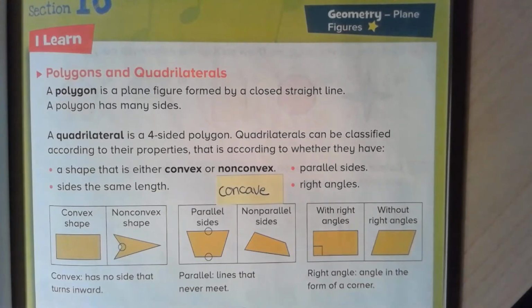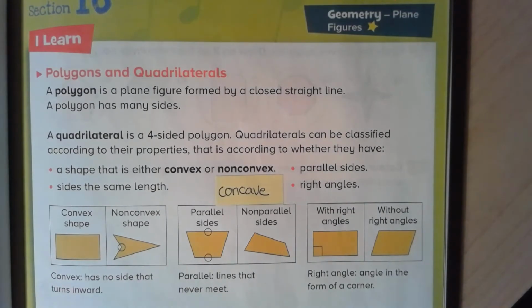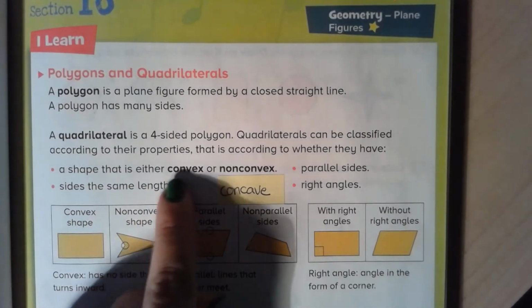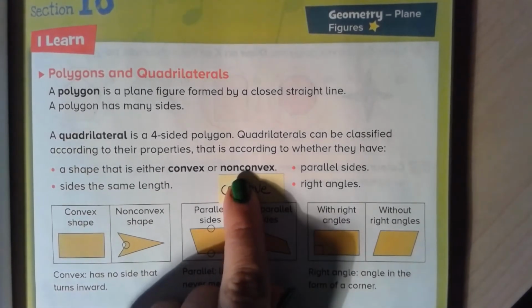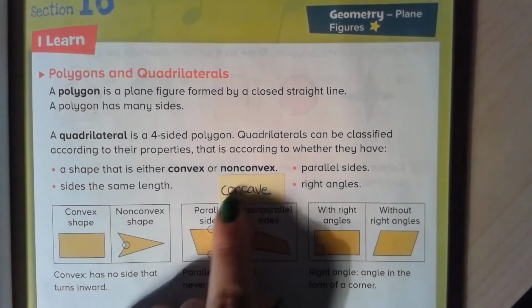But what's a quadrilateral? Our book says that a quadrilateral is a four-sided polygon. Quadrilaterals can be classified according to their properties. That is, according to whether they have a shape that is either convex or non-convex.